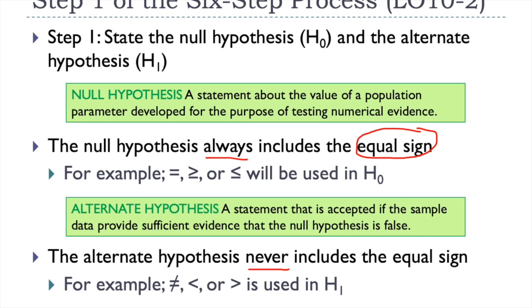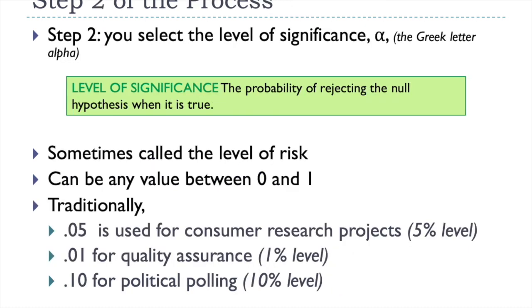And so when we do this testing, we either reject the null hypothesis or we fail to reject the null hypothesis. But again, failing to reject the null hypothesis does not prove that it's true. It just means we have failed to disprove it, which can be kind of confusing, I know.